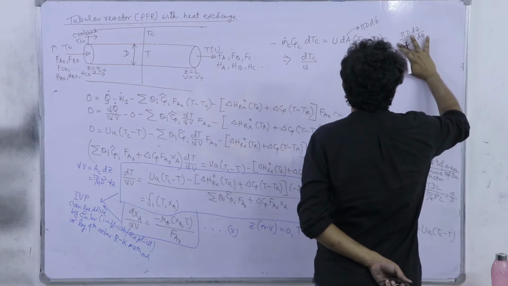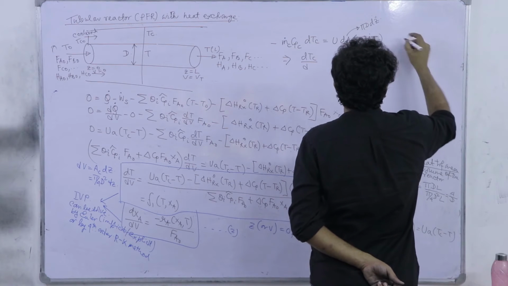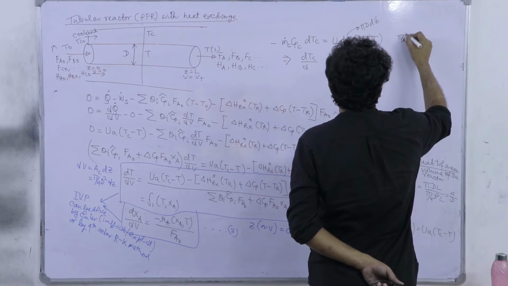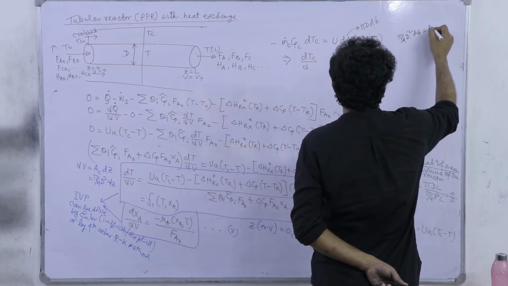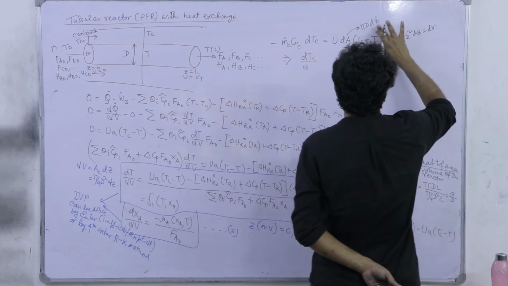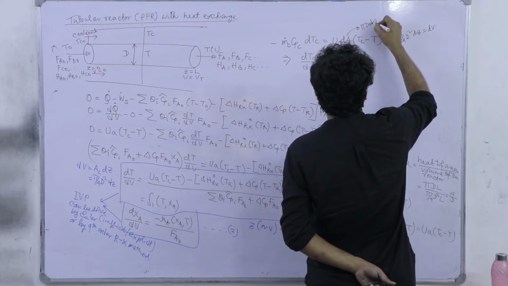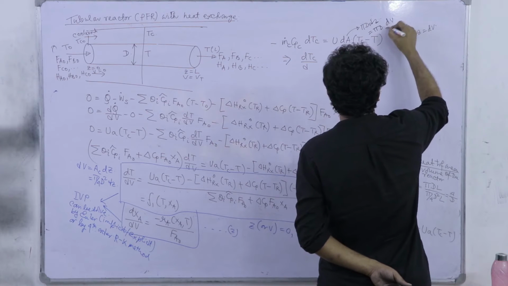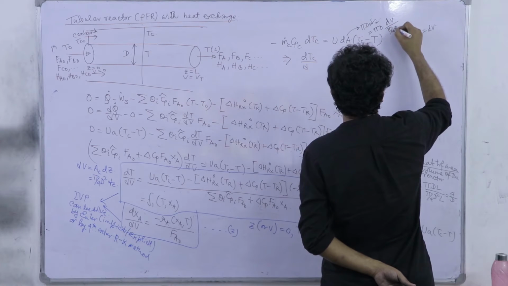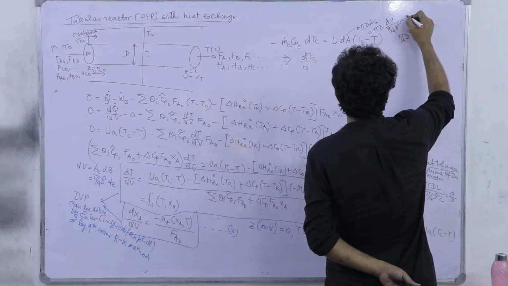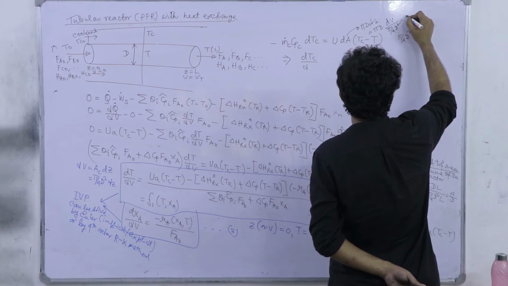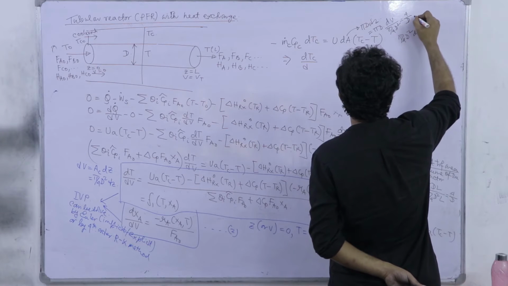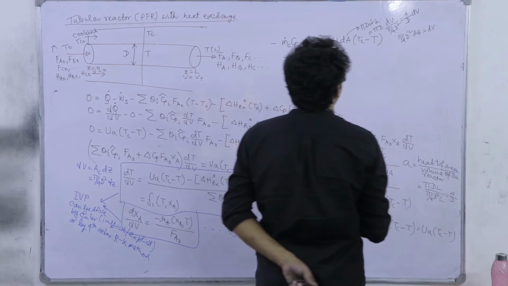This is pi by 4 d square into dz equal to dV. So if I replace this dz, this is pi into d into dV divided by pi by 4 d square. So it will become 4 by d dV.